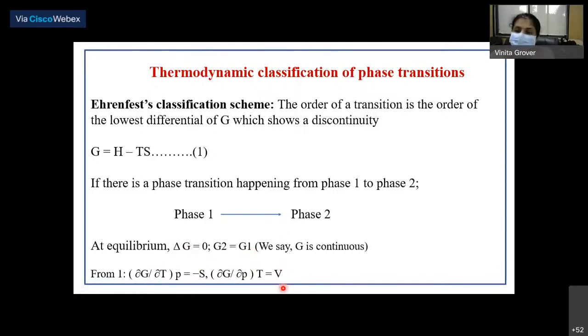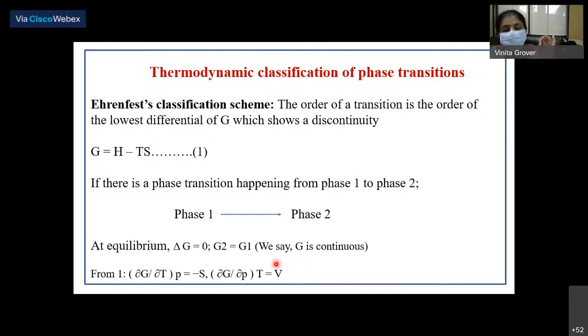I say that a first order phase transition is that particular phase transition for which the first derivative of free energy with respect to temperature and pressure are discontinuous, which means S is discontinuous, V is discontinuous.